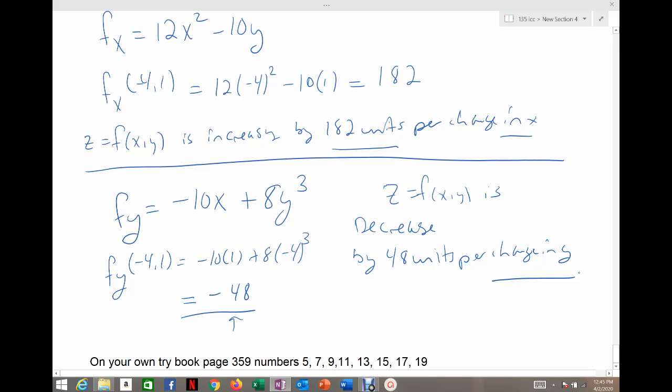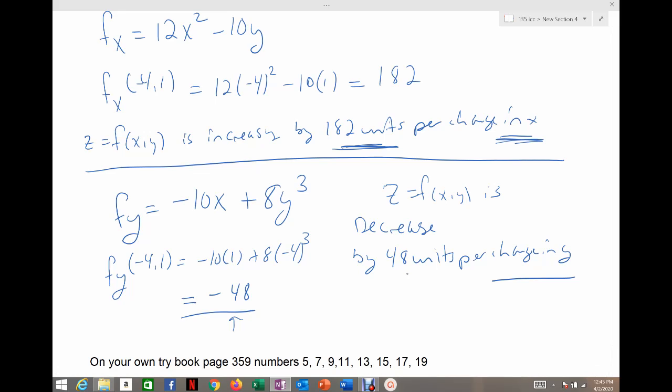So y would represent something, so maybe x represents big tables and y represents small tables. So my profit would increase by $182 when we change the small tables, or my profit would decrease by $48 when I change my large tables. So again, it represents some type of change depending on what my variables are.